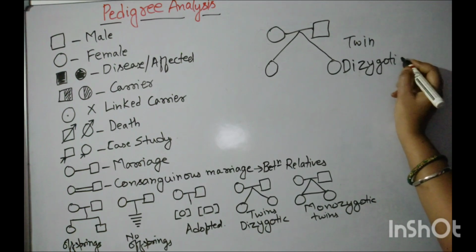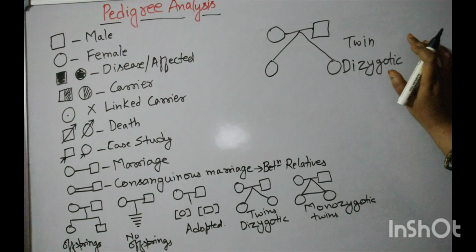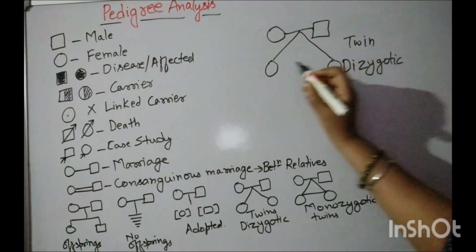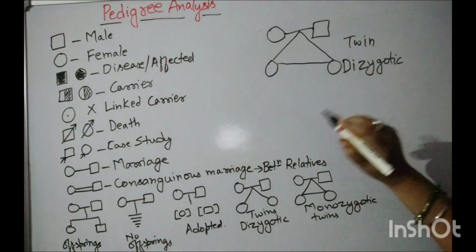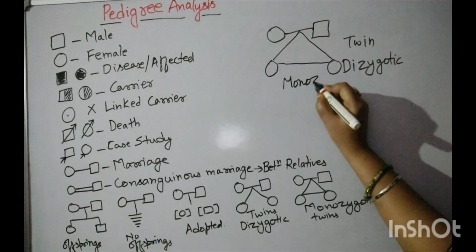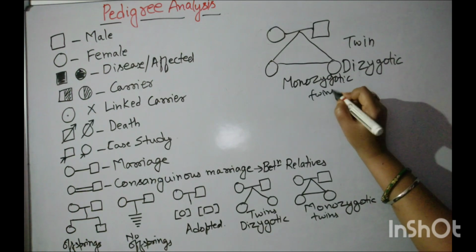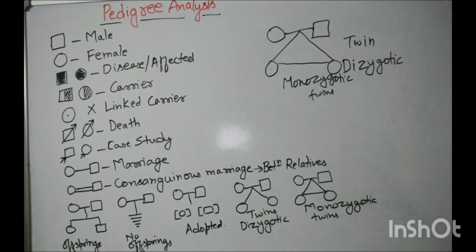Zygotes are two: dizygotic. Dizygotic twins are shown like this. If I draw a line from this to this, then it becomes monozygotic. Monozygotic twins. So these are the signs which are important to make the pedigree chart.